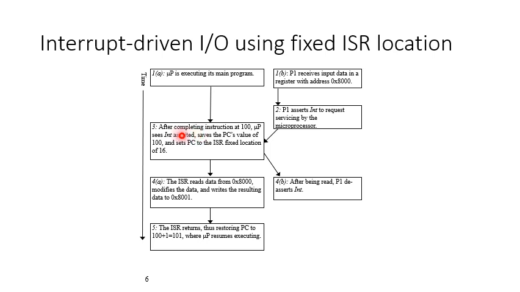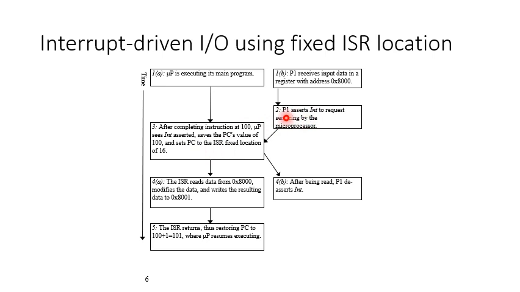In the third step, after completing the instruction at 100, the microprocessor sees the interrupt asserted by P1, saves the PC value of 100 and sets PC to the ISR fixed location.